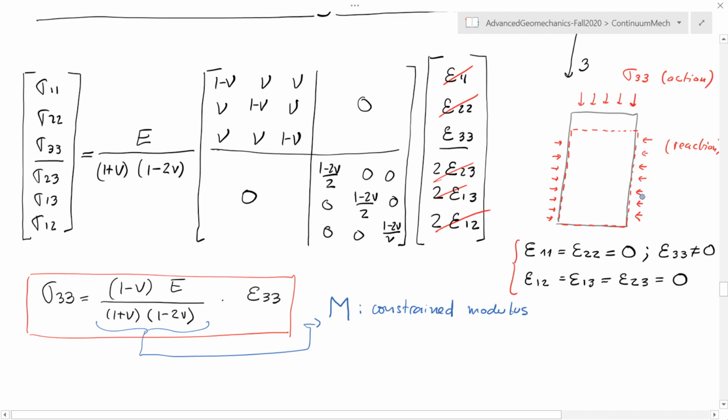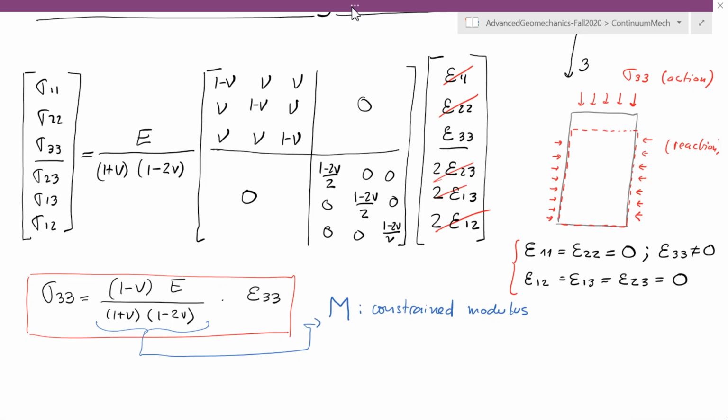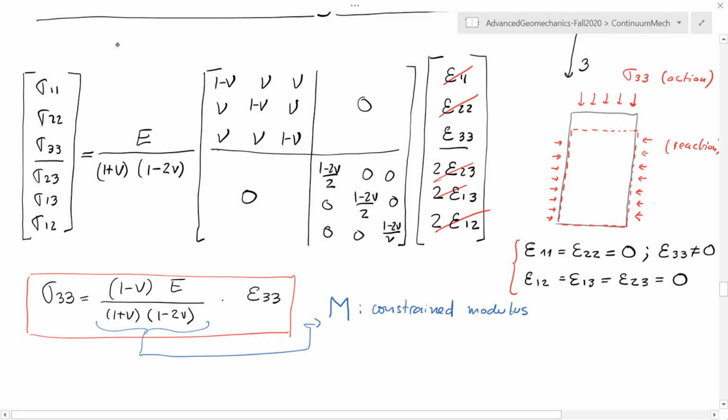And this is not the case. In this case, the solid cannot expand. So if you were to compare the Young modulus and the constraint modulus, what would you say? Which one is bigger, the constraint modulus or the Young modulus?